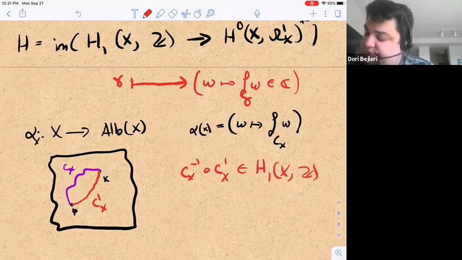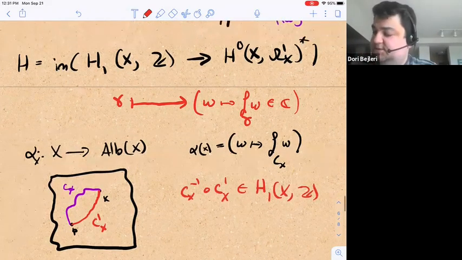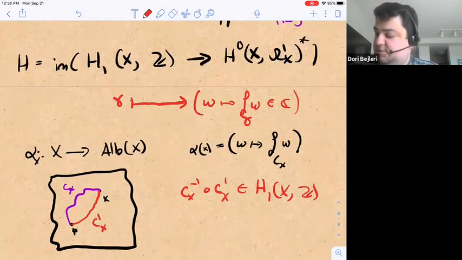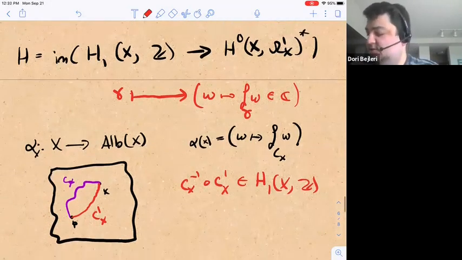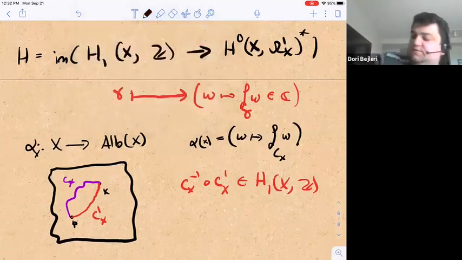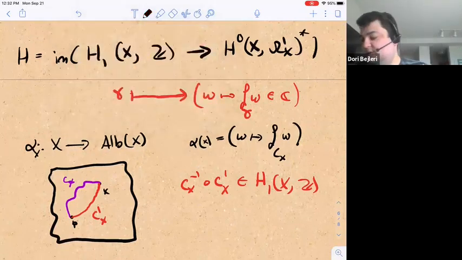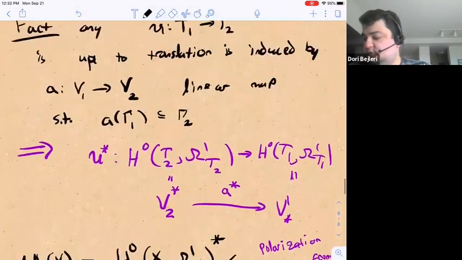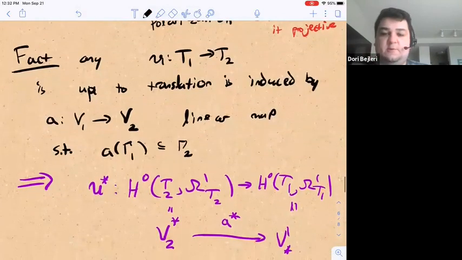And so by definition, this maps to 0 inside of the Albanese, because the Albanese is the quotient by this H1. And so this alpha is well defined, independent of the choice of this path. So that's the map. And then now you use this fact to check all the properties of the Albanese.